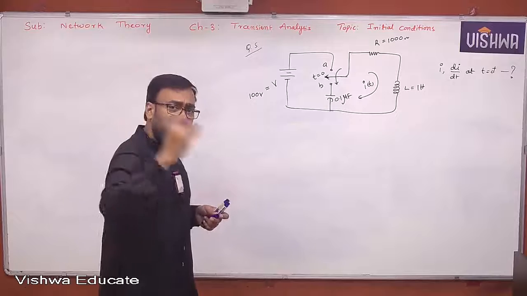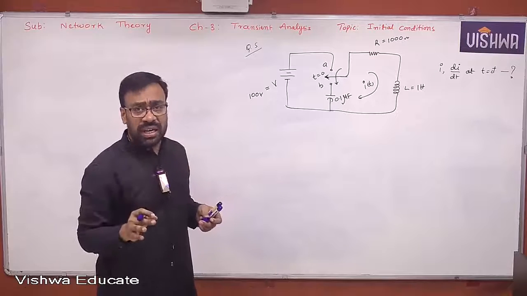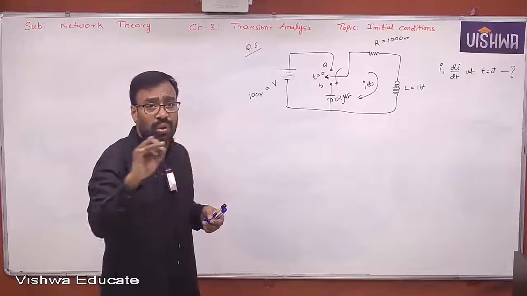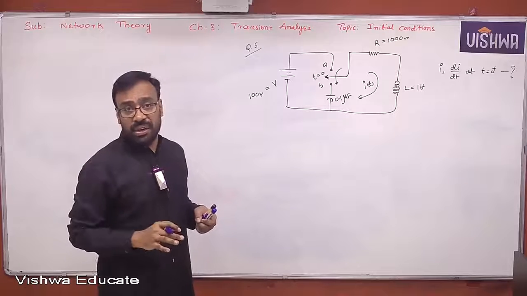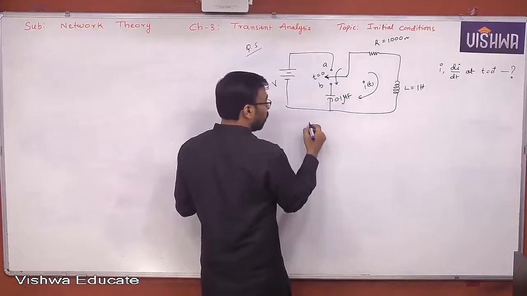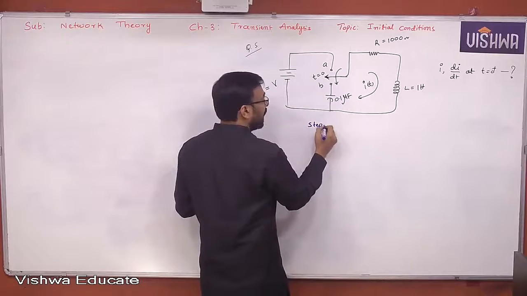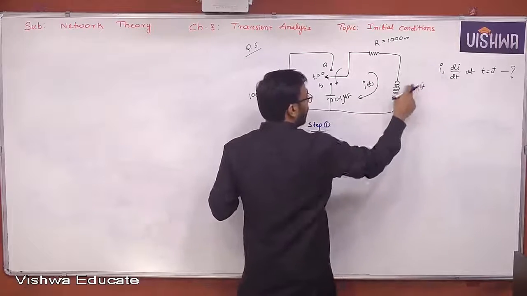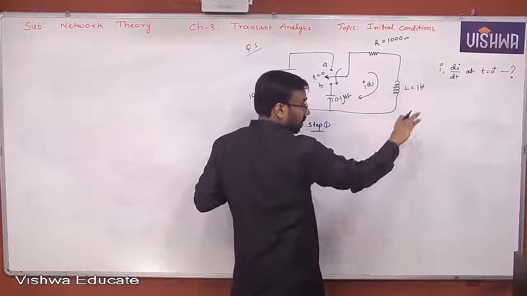As a matter of fact, any element which is in series with the inductor, its current should follow the current of the inductor only. Therefore, look at this here, current through inductor. Step 1. Definitely from the problem itself, we will understand. From step 1 only, you will get the answer here, I of 0 plus, without going for step 2.